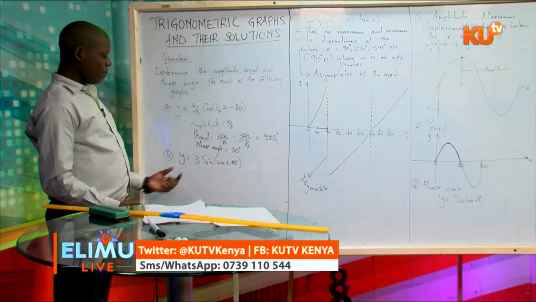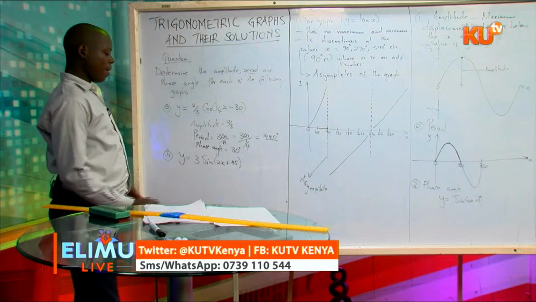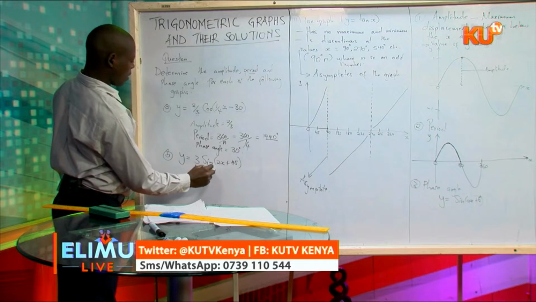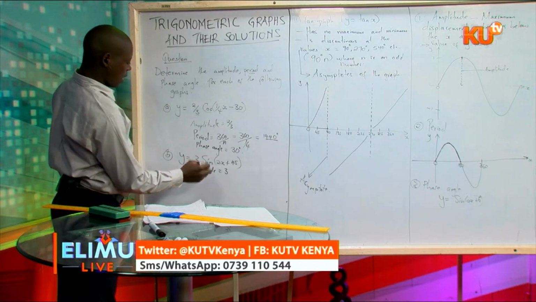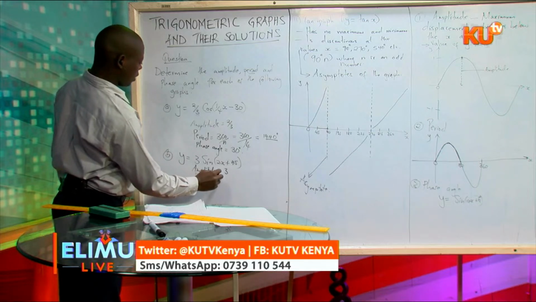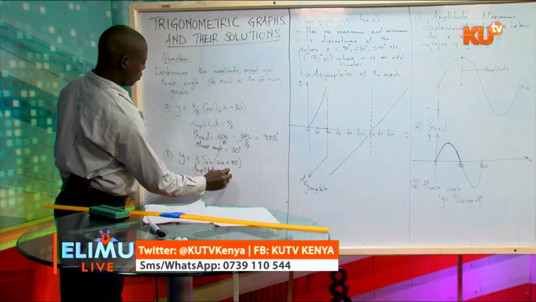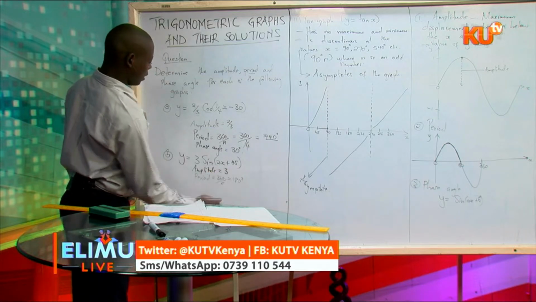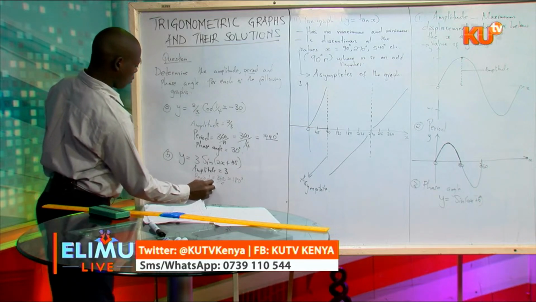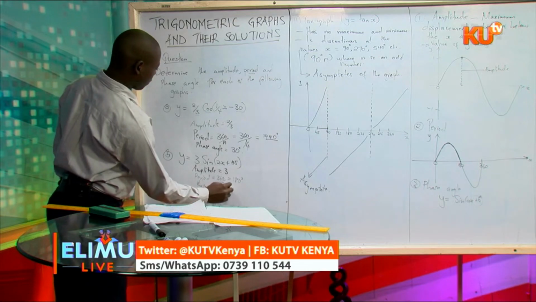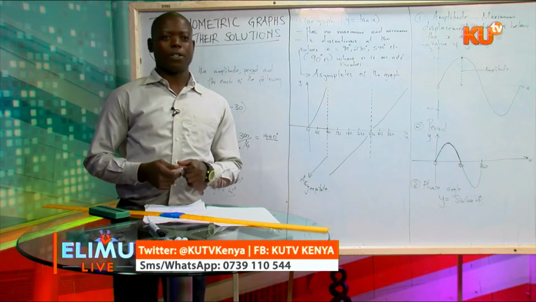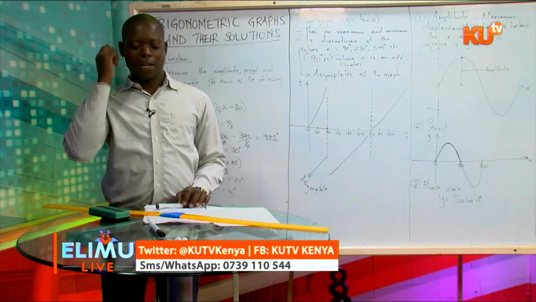Again, the amplitude should be the coefficient of the sine here. So the amplitude becomes 3. And then the period becomes 360 over 2, that is 180 degrees. And then the phase angle becomes 45 degrees.